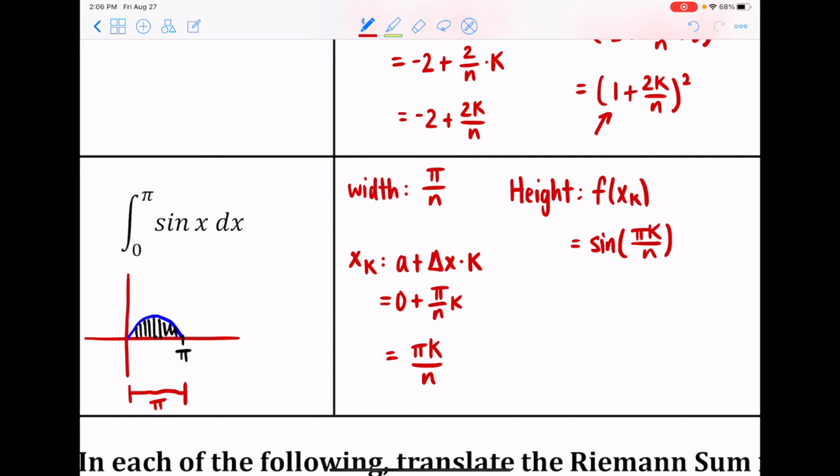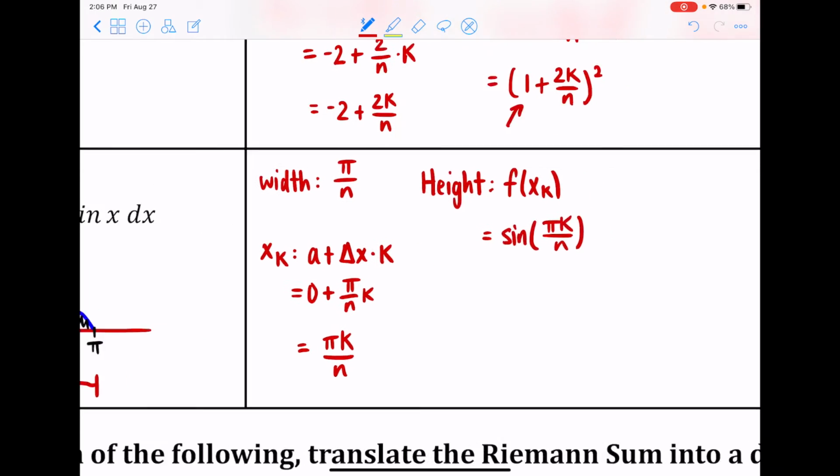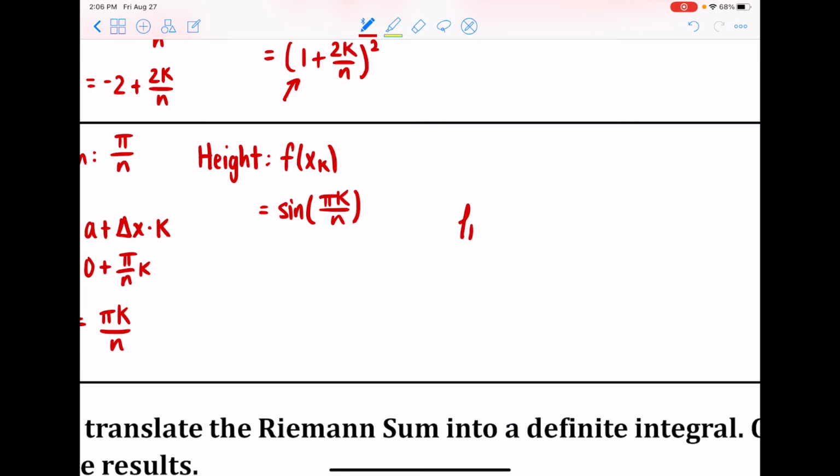So that's going to be the height of our rectangle. So let's put it all together. You ready? Limit as n approaches infinity of the summation from 1 to n of sine of pi k over n times pi over n.